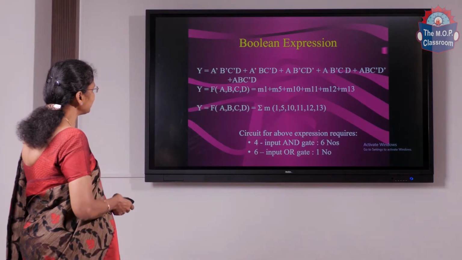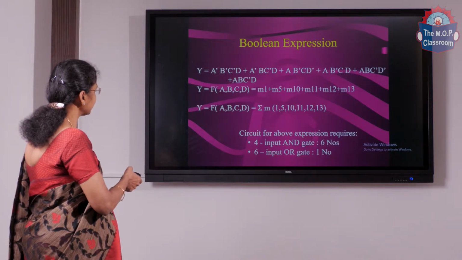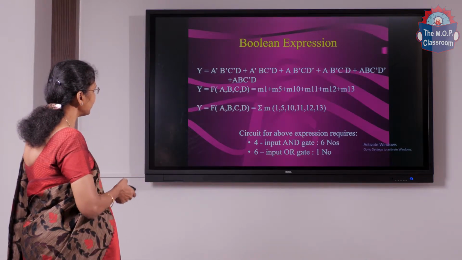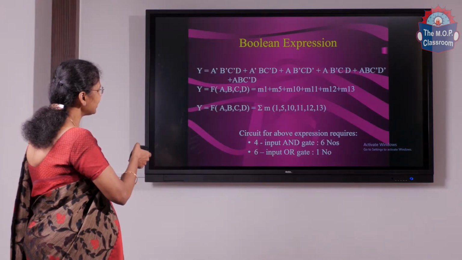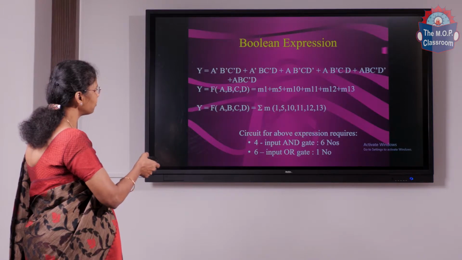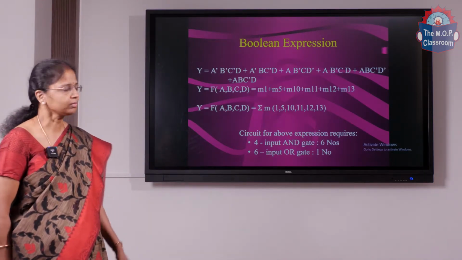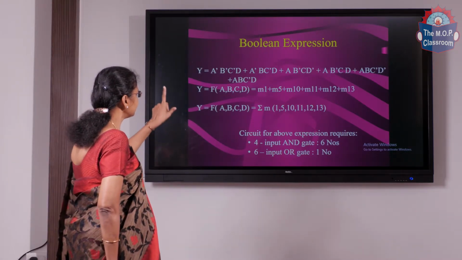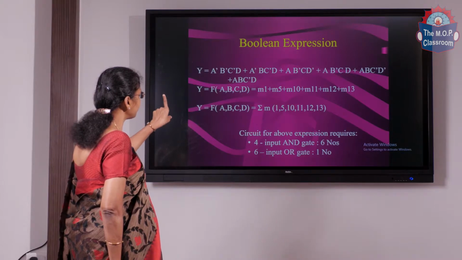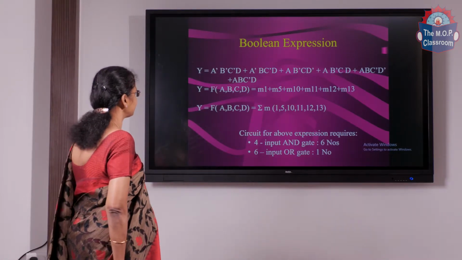This equation can also be represented in a second way, where instead of using the variables, we represent it as M1, M5, M10, M11, M12 and M13. M1 is nothing but the minterm representation of the variables A prime, B prime, C prime, D. It is a symbolic representation.